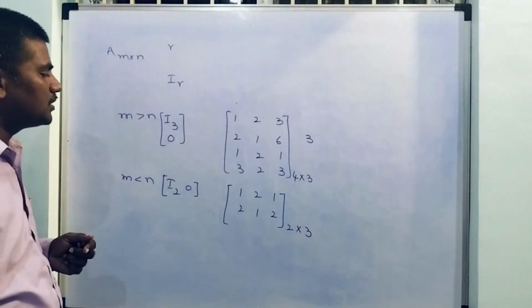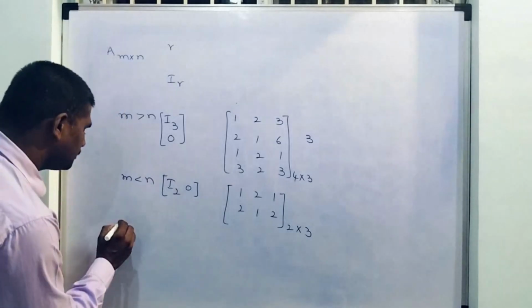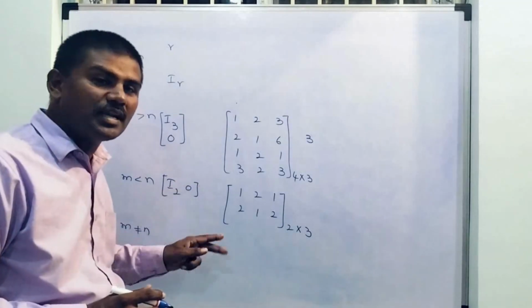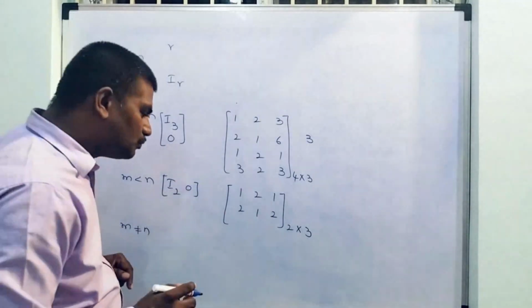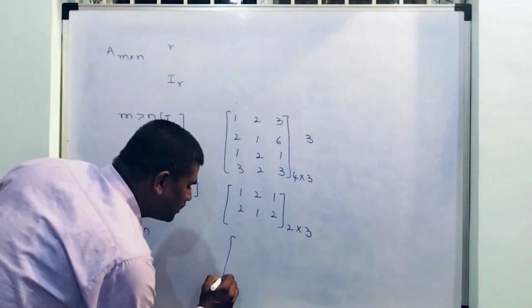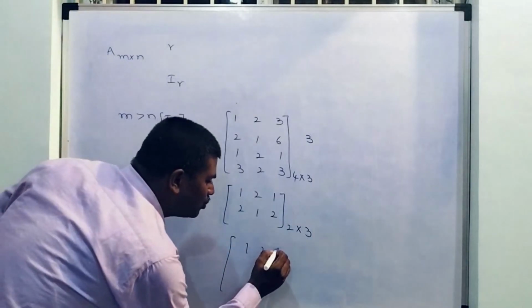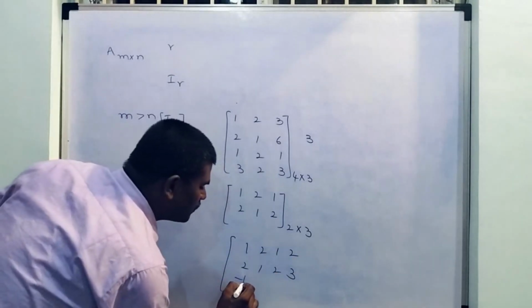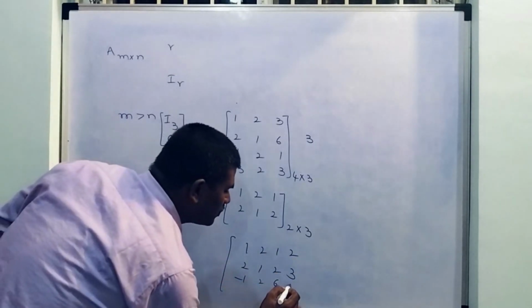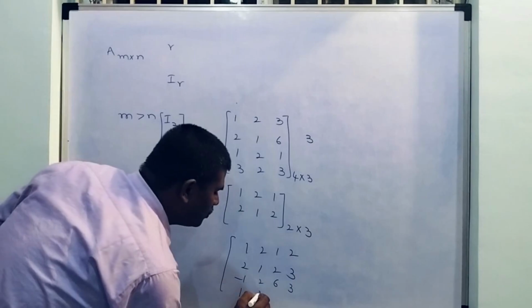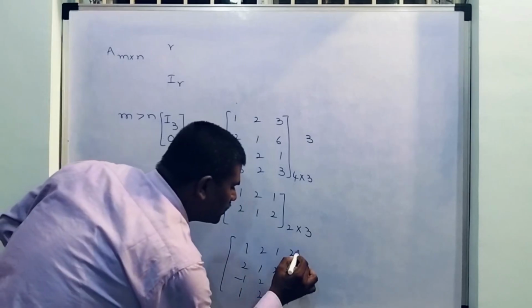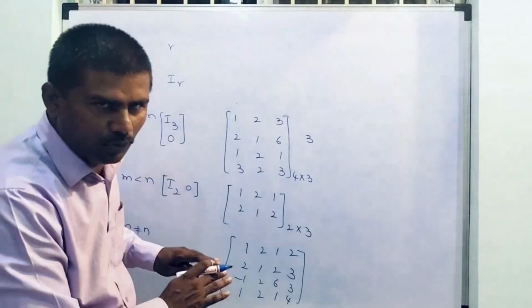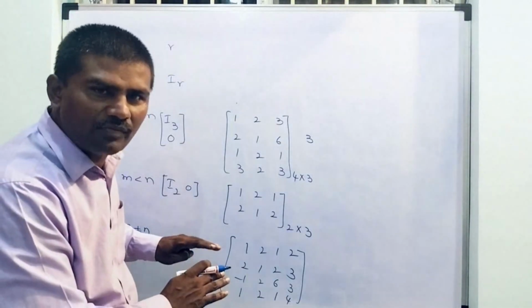And suppose m is not equal to n and the rank is less than the number of rows and the number of columns. Suppose you have a matrix 1 2 1 2, 2 1 2 3, minus 1 2 6 3, 1 2 1 4. I am supposing this is not exactly of rank 2.